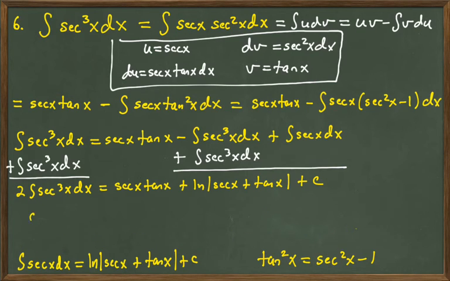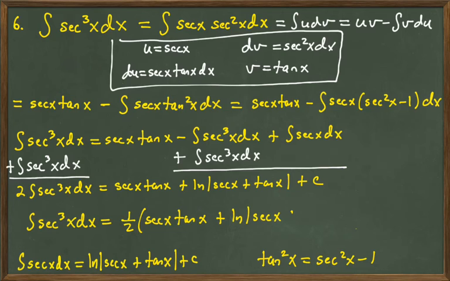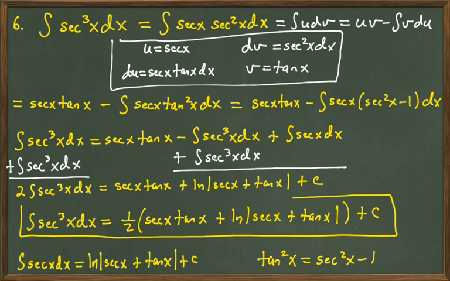Okay, and then the last thing we need to do is just divide both sides by 2. So the integral of secant cubed x dx is 1/2 secant x tangent x plus the natural log of the absolute value of the secant x plus the tangent of x, and then plus c. Okay, and so there we go.